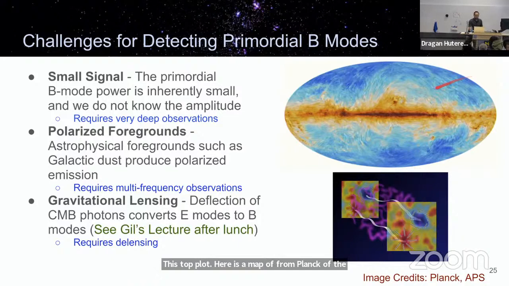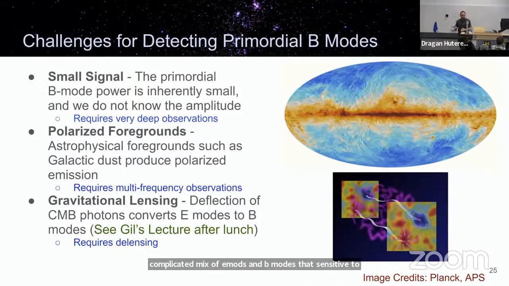And what you can see in this plot is there's no reason to expect from observations of our own galaxy that it respects this split between E modes and B modes in the way that the primordial scalar fluctuations do. In other words, the galactic foregrounds act as a source of confusion for primordial B modes because the polarized foreground emission from galaxies is some complicated mix of E modes and B modes that's sensitive to the local physics within our own galaxy.